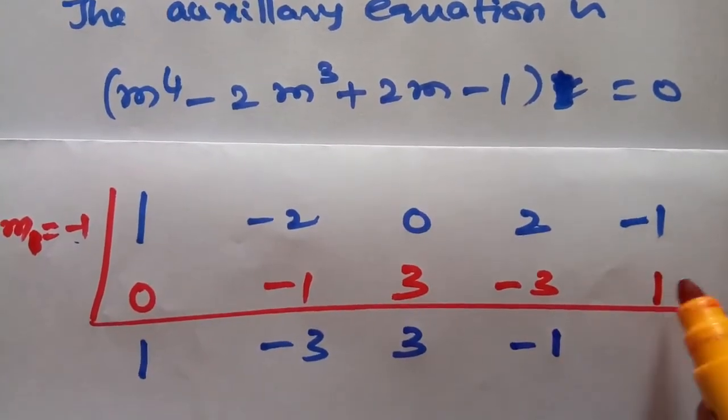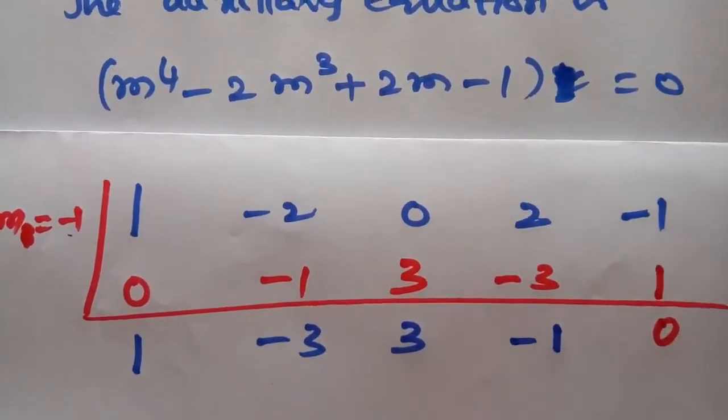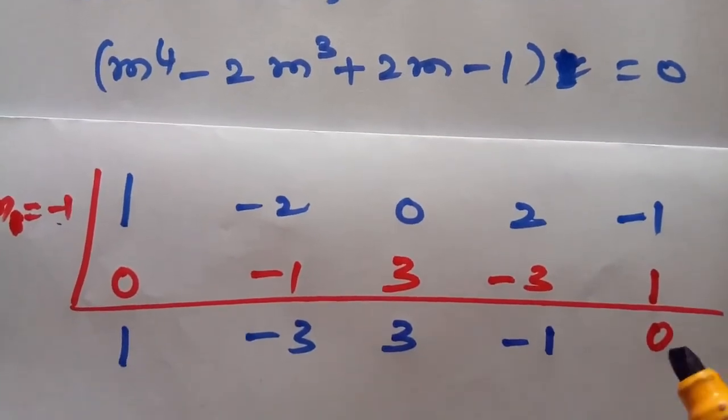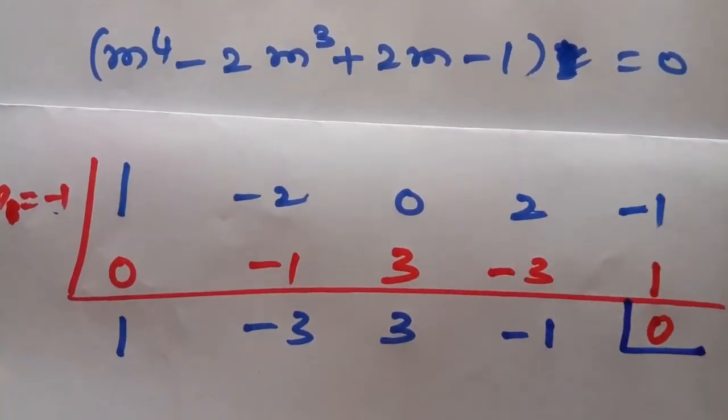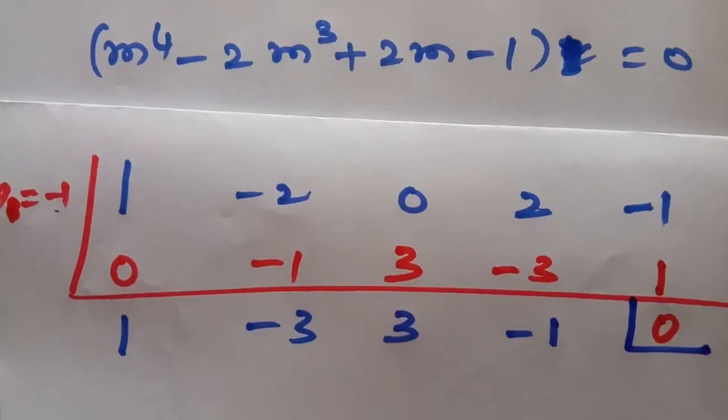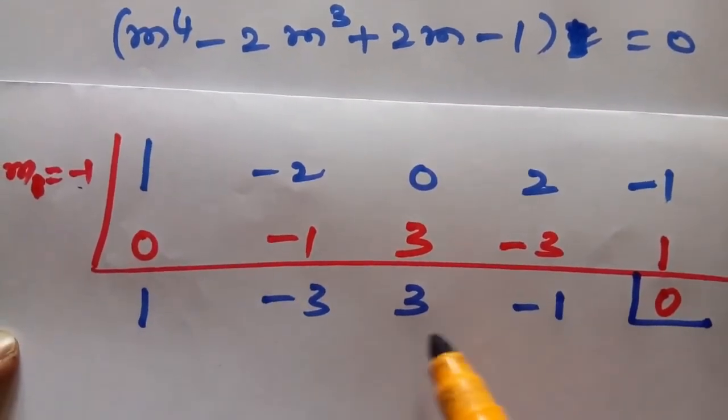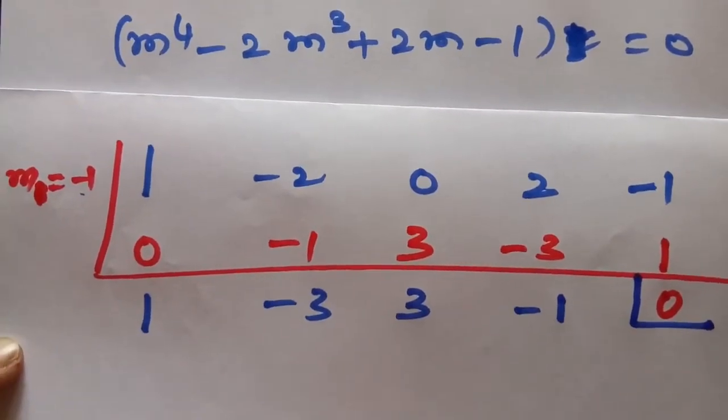Therefore minus 1 plus 1, that is 0. Therefore we get 1, minus 3, 3, minus 1.